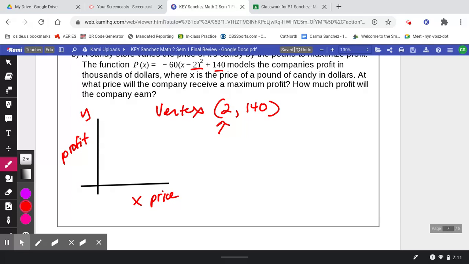So picture out 2 and up 140 is your maximum, and then you've got this parabola that's going down from there.